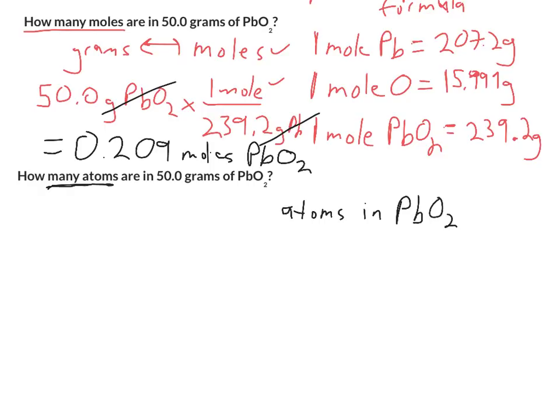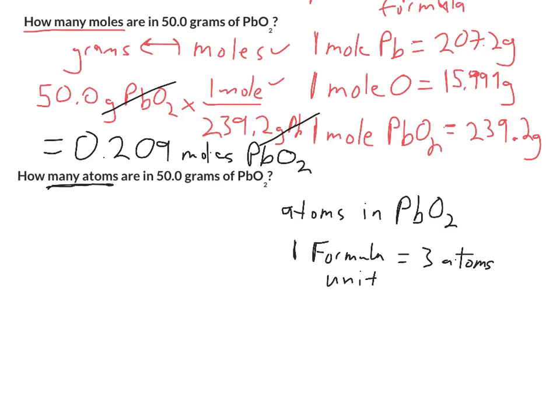Well, PbO2 is a formula unit for an ionic compound. This formula unit, one formula unit, contains 3 atoms, or ions. 1 lead cation and 2 oxygen anions. So we will need that. But just to point that out, the question's asking for atoms, not formula units.